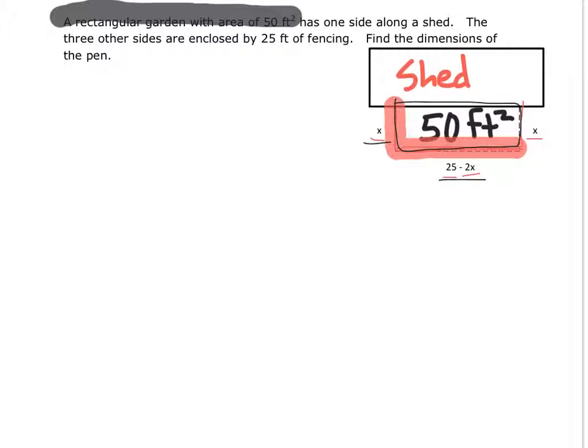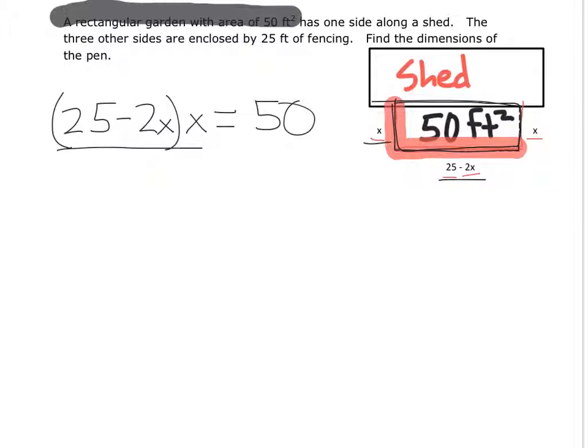So I'm going to do the 25 minus 2x times the x, and that will find the area of this rectangle. Now we already know the area of that rectangle is 50, so I can say the area equals 50.